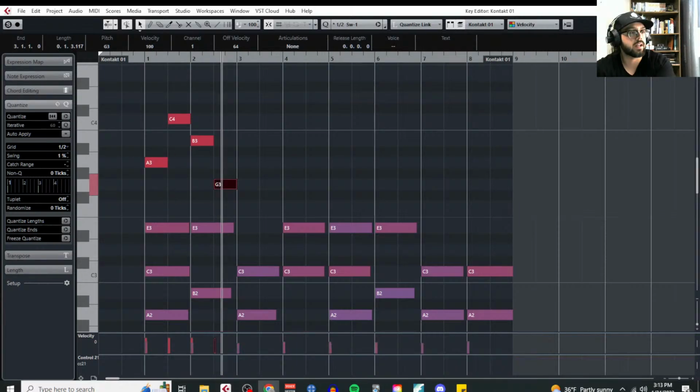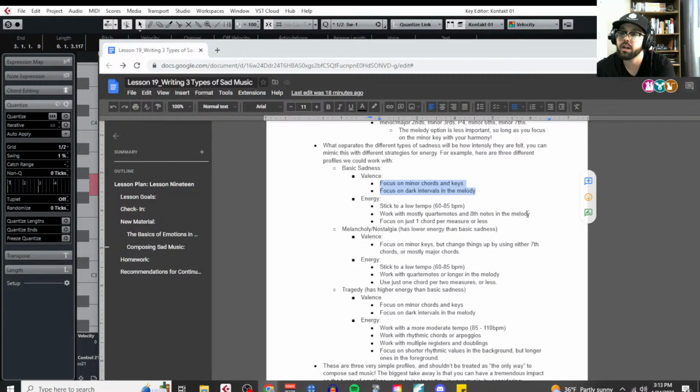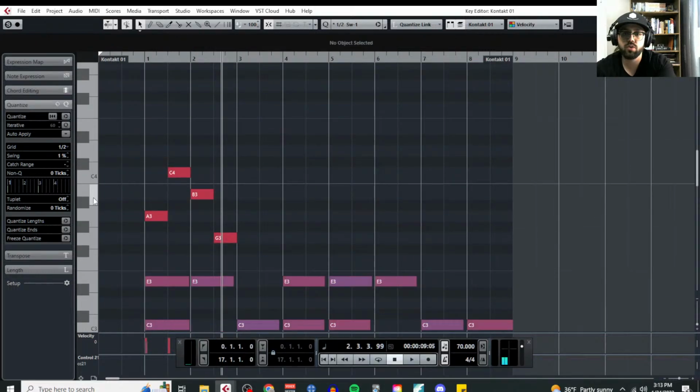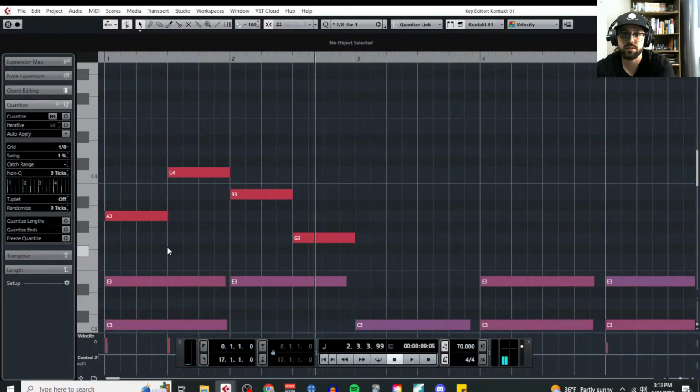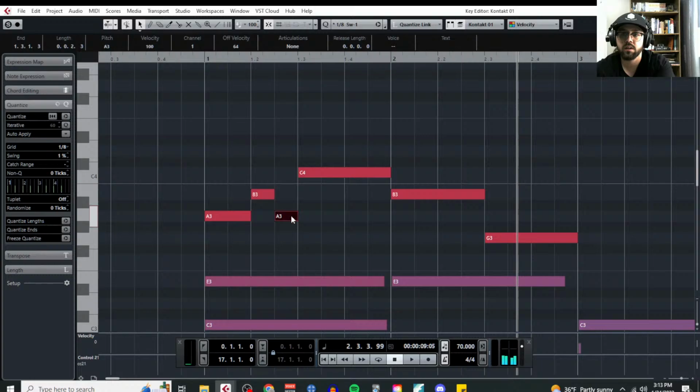And if we look back at our notes again, you'll see that I've pointed out that when you're working on your melody, I want to focus on mostly quarter notes and eighth notes. So I can do longer, but these are the basic kind of energy levels I want to go with. So I'm going to cut this down to eighth notes. I'm going to see if there are any interesting kind of rhythmic ideas I can do.